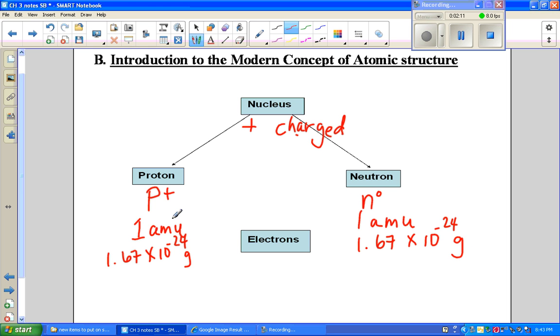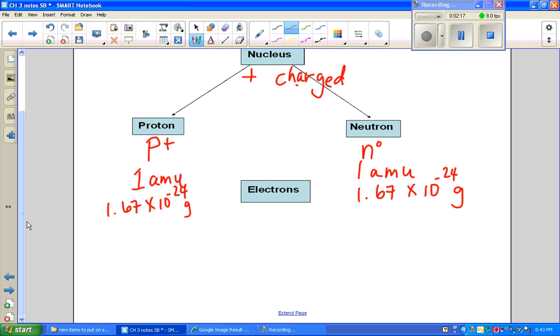Now, here's another part that's going to boggle your mind, if we start taking a look at an electron. It's hard enough to even begin to visualize how incredibly small a proton and a neutron is, but then we have these electrons that are flying around on the outside, and we are going to abbreviate that E with the negative because electrons are negative.